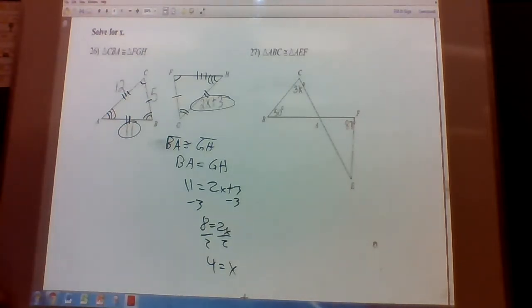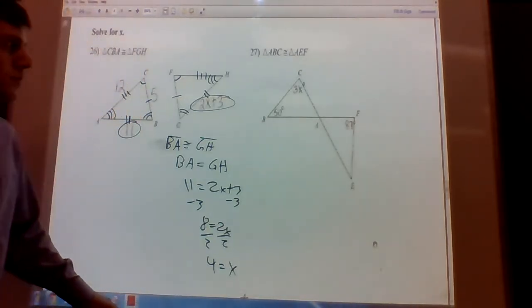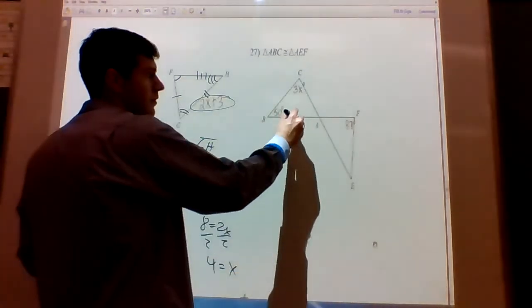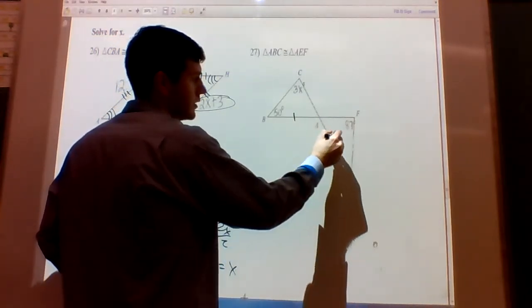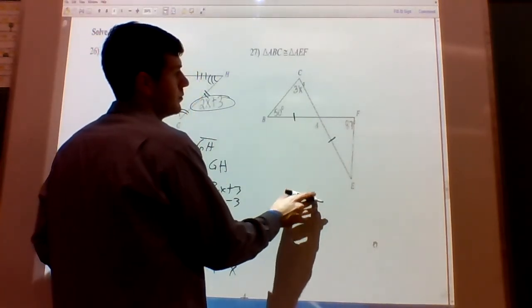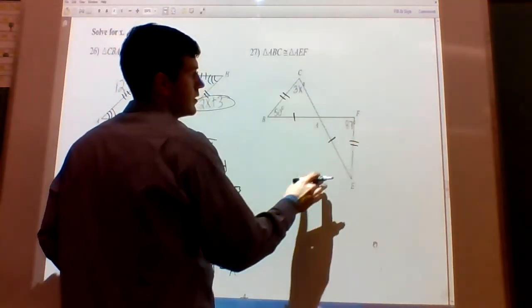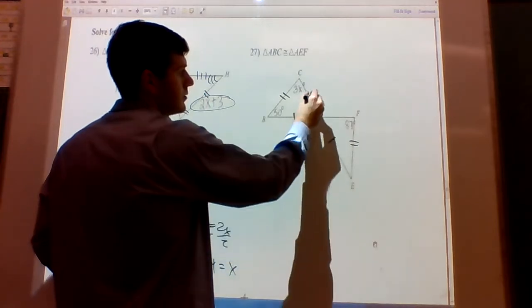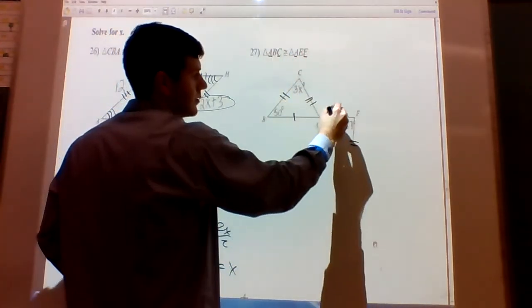Okay, last problem, same thing. Okay, we can put in everything we know. So we know AB is congruent to AE. AB is congruent to AE. BC is congruent to EF. AC is congruent to AF.